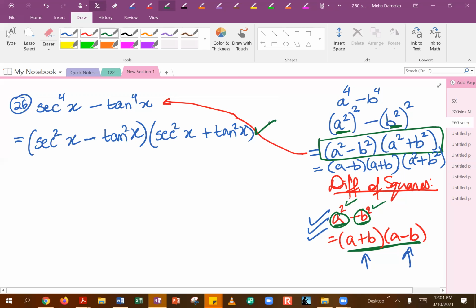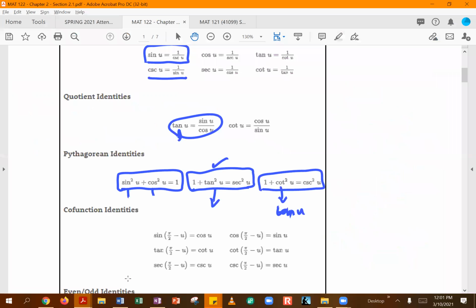And the reason for that is because as I was looking at your Pythagorean identity, you can see here we have 1 plus tangent squared equals secant squared. So if we rewrite this, you can get 1 equals, if I move my tangent to the other side, secant squared of u minus tangent squared of u, which is what we have in our example.